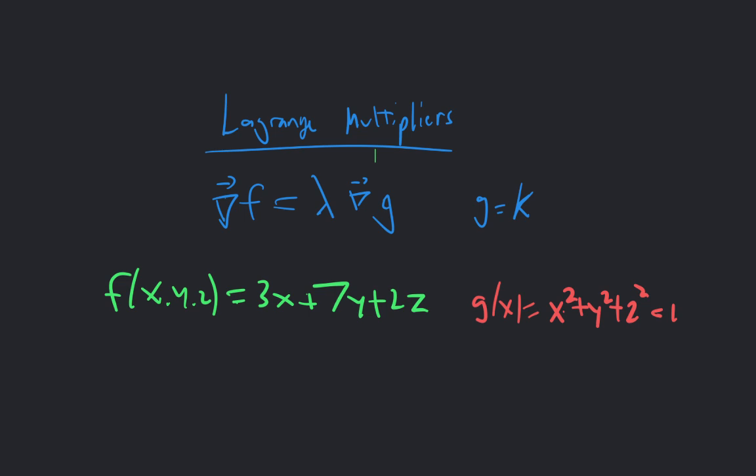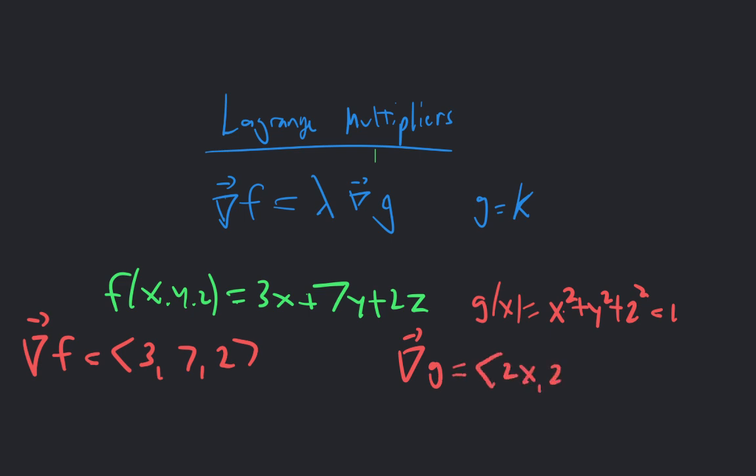So now we take the gradient of f, which is 3, 7, 2, and then for g, 2x, 2y, 2z.